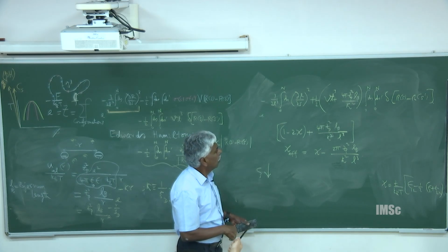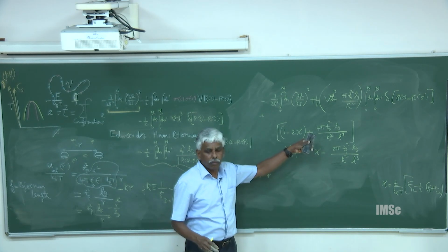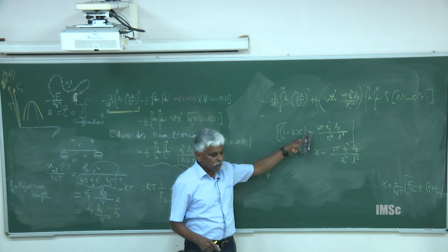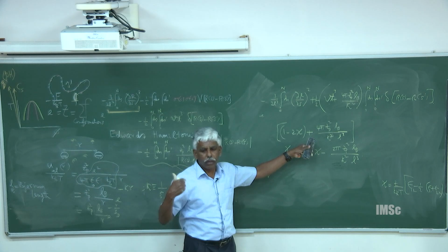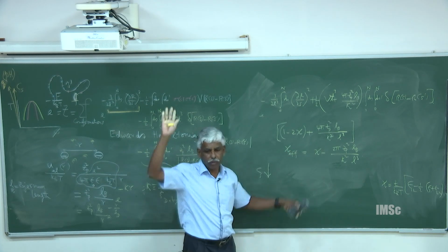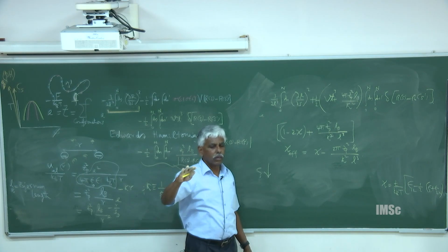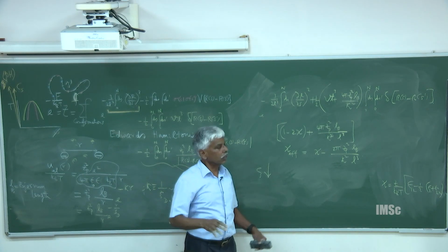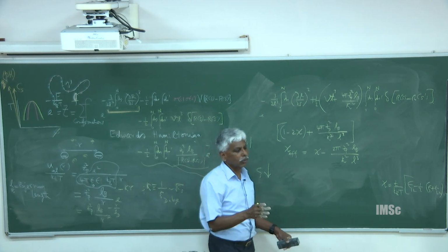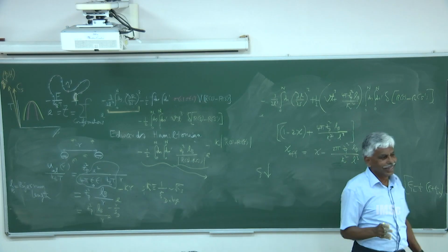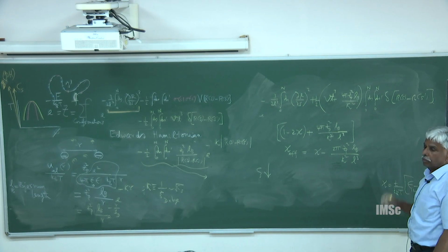Let us assume for all practical purposes this is good for a salt concentration greater than 10 to the minus 3 molar. We established by experimentation that 10 to the minus 3 molar belongs to the so-called high salt limit. What is high and low, you need to establish.